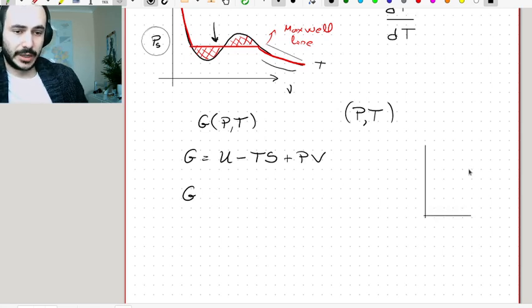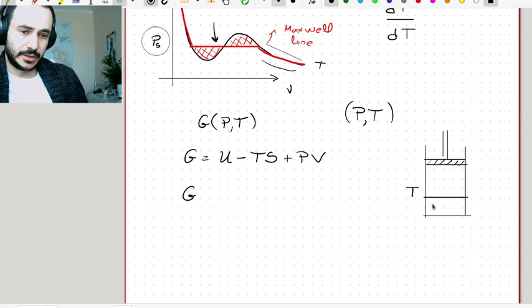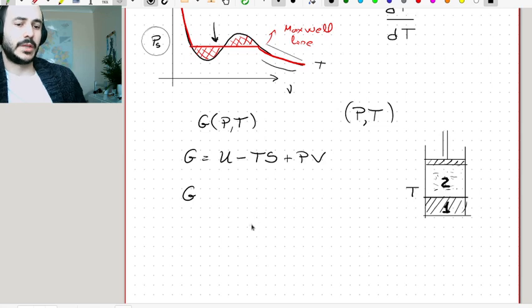I have my cylinder here and I am pushing my piston slowly and quasi-statically, and this is a diathermal wall at temperature T, which is kept constant. The system is heterogeneous, it has already split into a liquid phase and a gas phase. We are going to call the liquid phase 1, just for reference, and the gas phase 2 in our notation here.